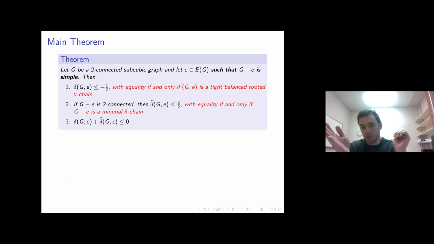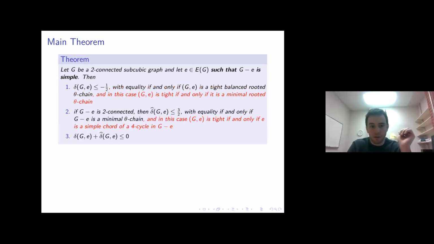And 2 is tight with equality if and only if G minus E is a minimal theta chain. Furthermore, 1 is tight if it's a minimal theta chain, so it might not be. And for 2, it's tight if and only if E is a simple chord of a 4 cycle in G minus E. So this is just again further structure characterization.